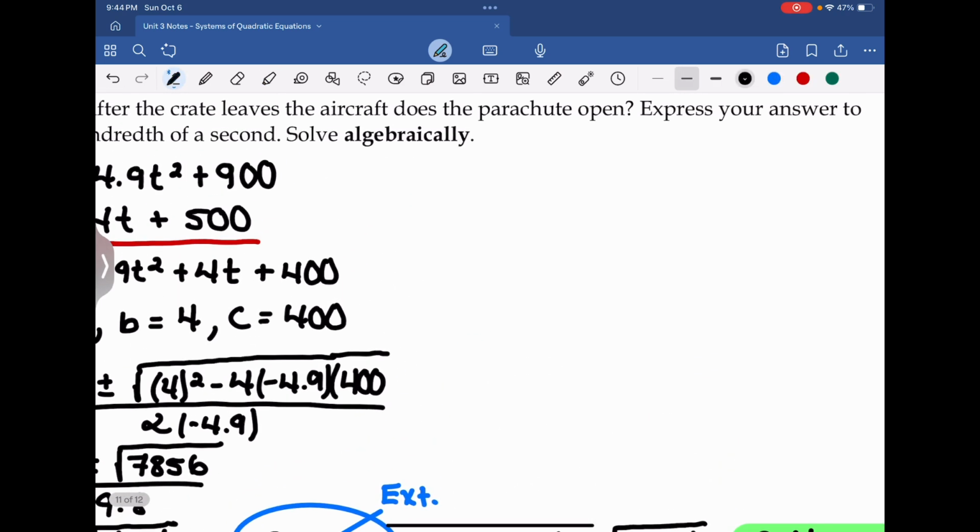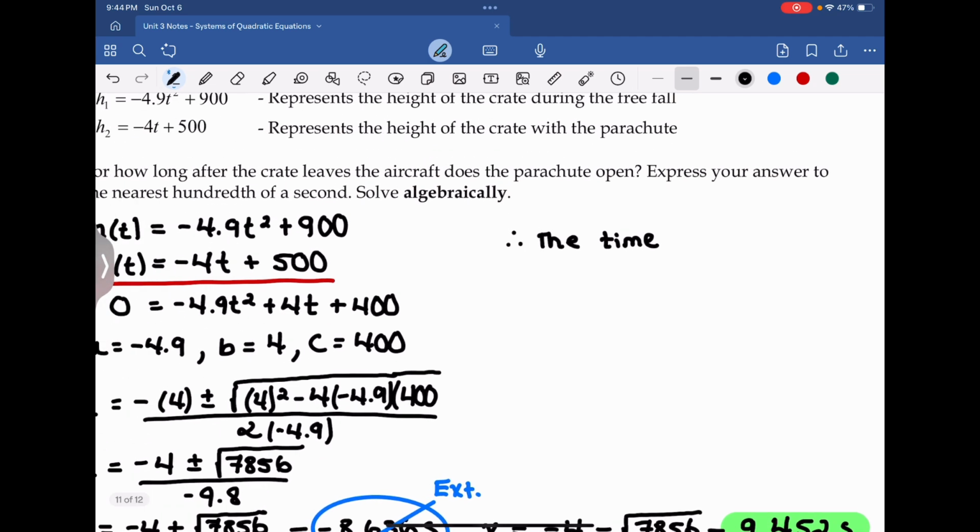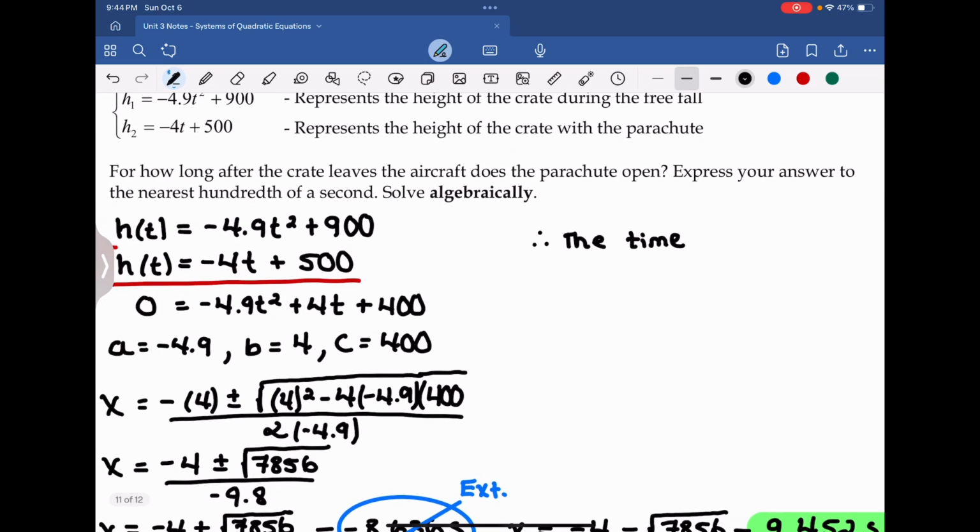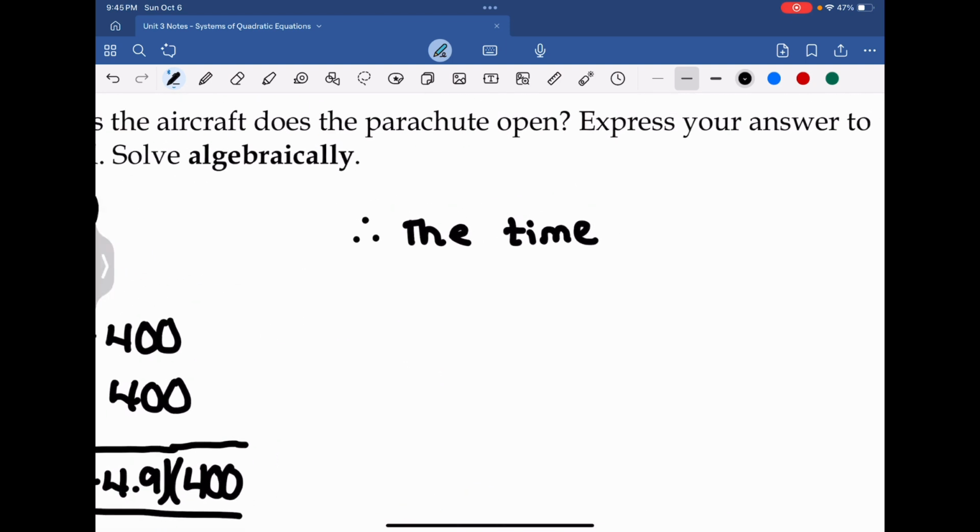We're just going to make a quick sentence about this because, again, if it's a word problem, try to wrap it up with a sentence. So, reflecting on the question, for how long after the crate leaves the aircraft does the parachute open?